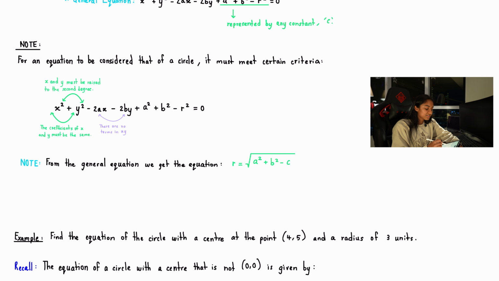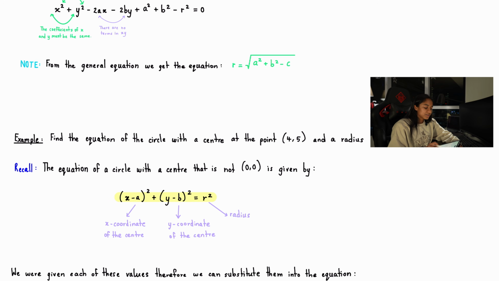The coefficients of x and y must be the same, so in this case it is 1x squared plus 1y squared. If there's nothing in front of it, that just means 1. Always remember that. And there are no terms in xy, meaning there's no xy, so 2xy plus 3xy, anything like that. If there is, it will not be considered the equation of a circle.